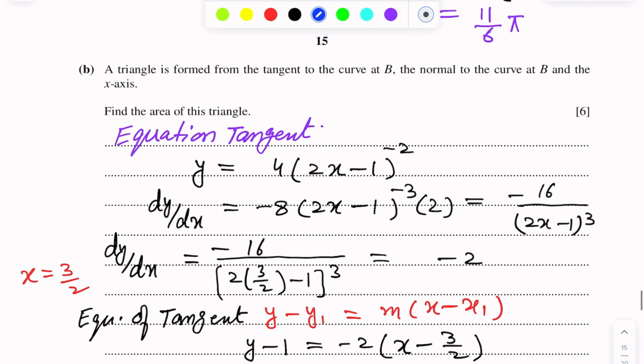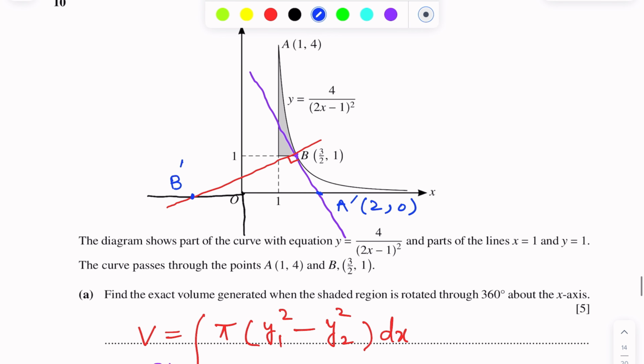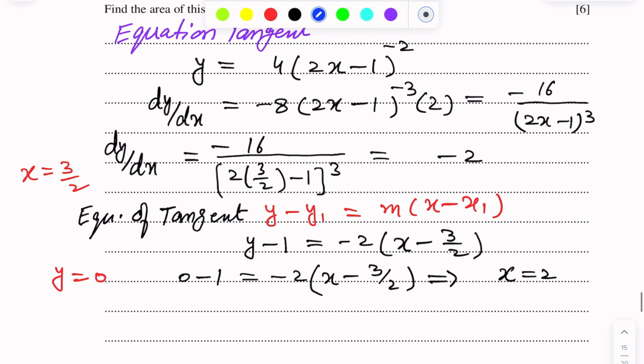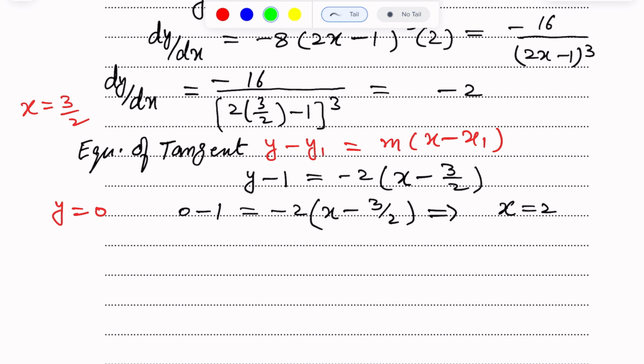Since the gradient of tangent and the gradient of normal are negative reciprocal to each other, and minus 2 is the gradient of tangent, the gradient of normal will be the negative reciprocal of minus 2.